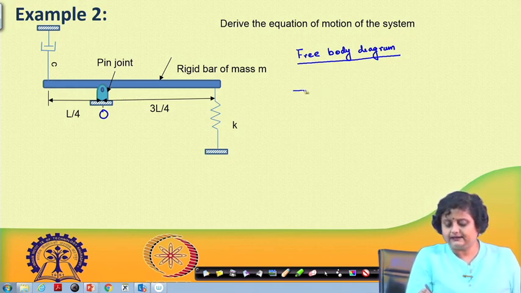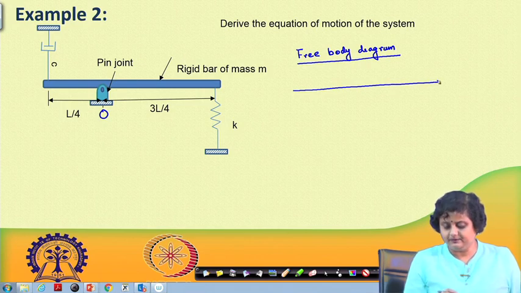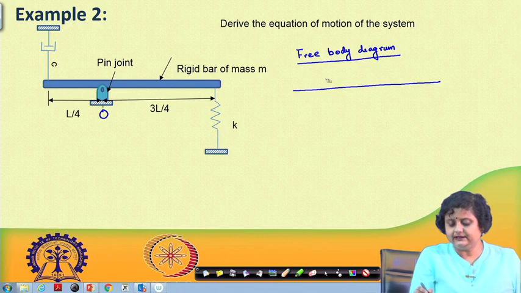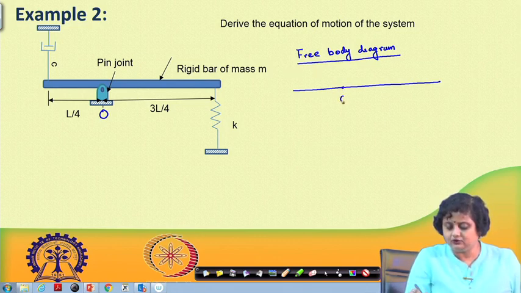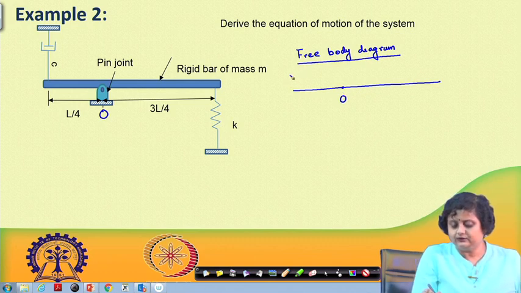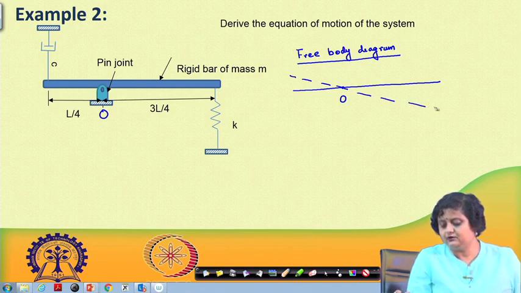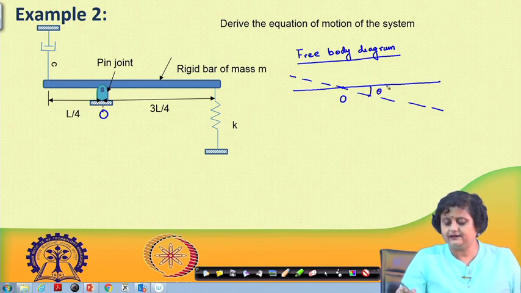So, say this is the line of equilibrium. Let the degree of freedom be the angle of rotation about the point O. This dotted line is the displaced position of the rod. Let us assume that it has deflected by an angle theta, which is my degree of freedom.